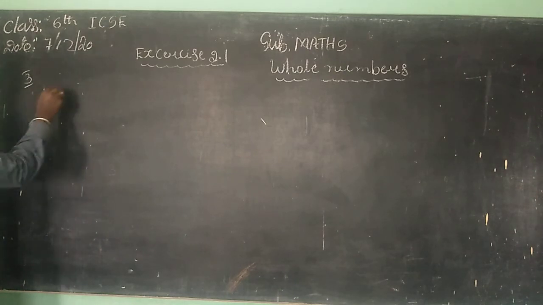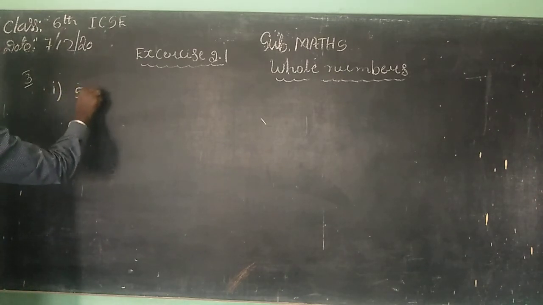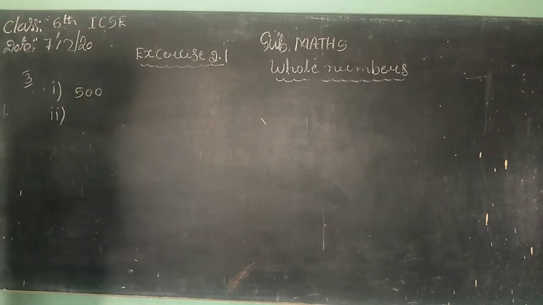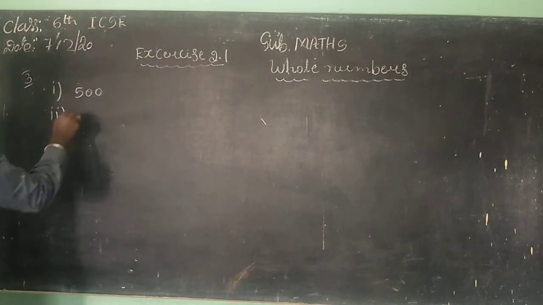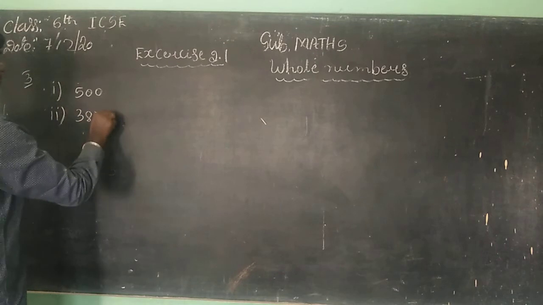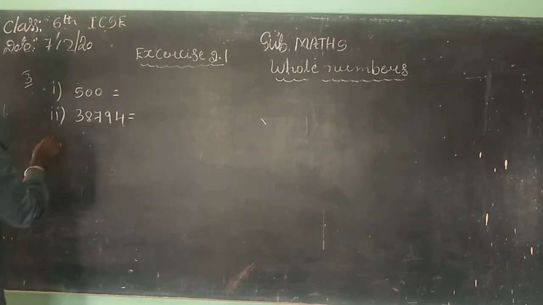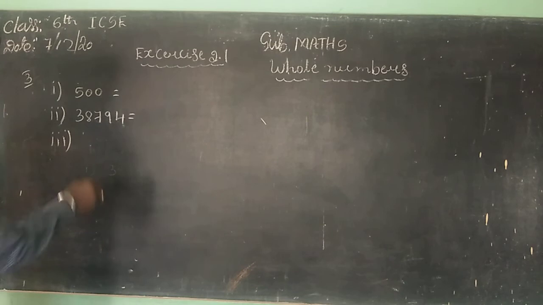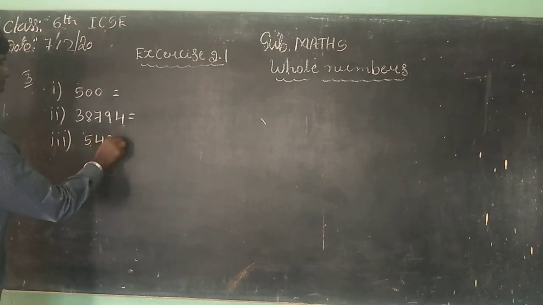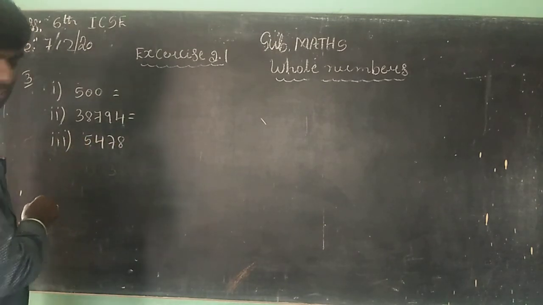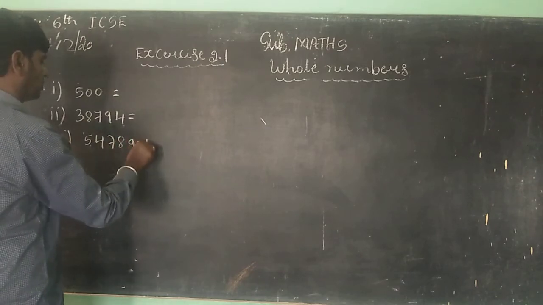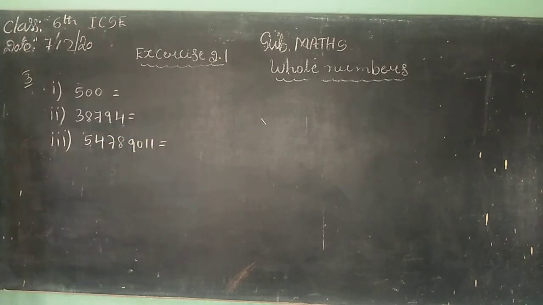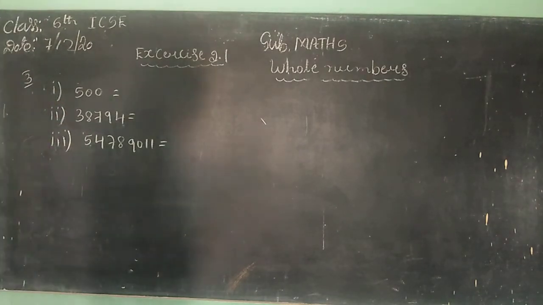First one is 500. Second one is 38794. And 547890011. Children, now we want to represent 500. What is the predecessor of 500? It means you want to subtract 1.